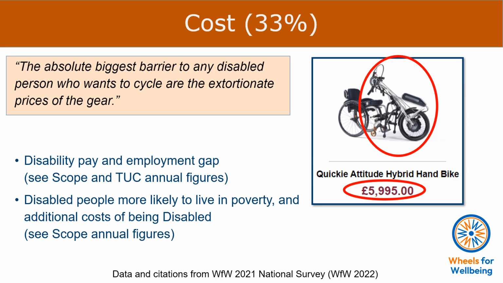It has e-assist, which, as we've already noted, is a really essential accessibility feature of cycling for disabled people. When I took this example, the retail price of this add-on e-assist hand cycle was £5,995, not including VAT.